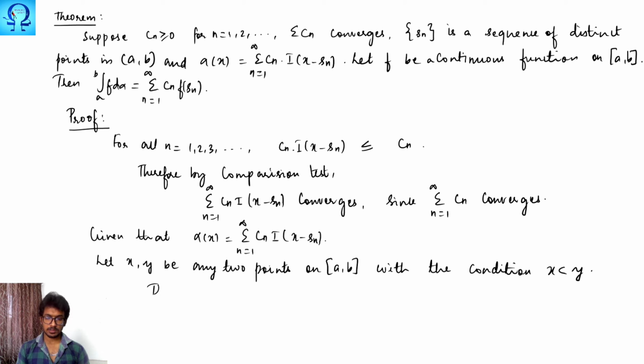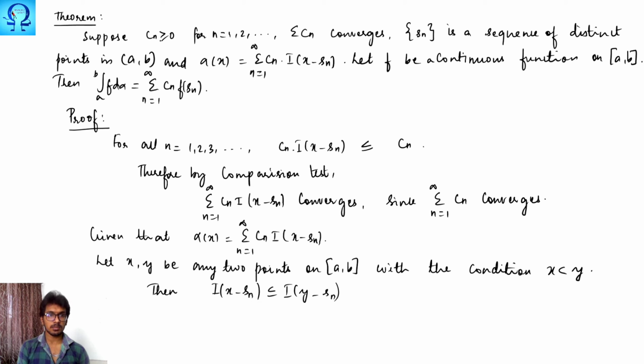So if this is so, then using the previous theorem, in the previous theorem also we have seen three cases: whether s is smaller than x and y, or s is between x and y, or s is after x and y. We have considered three cases and we have proved I of x minus s is smaller than or equal to I of y minus s. There we have proved it for a single point. Here we'll have to do it for a sequence of points.